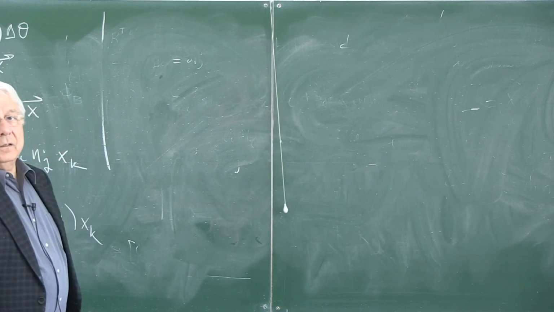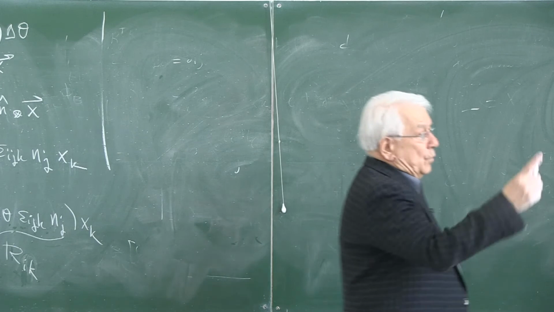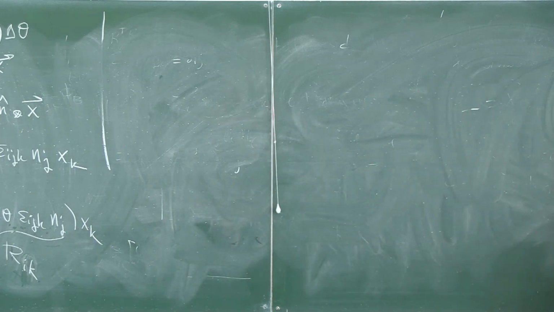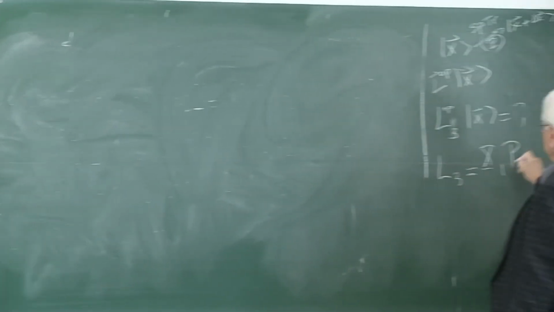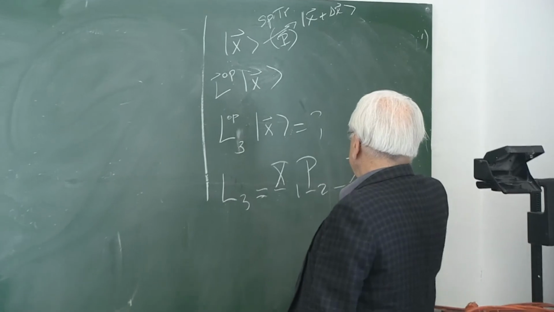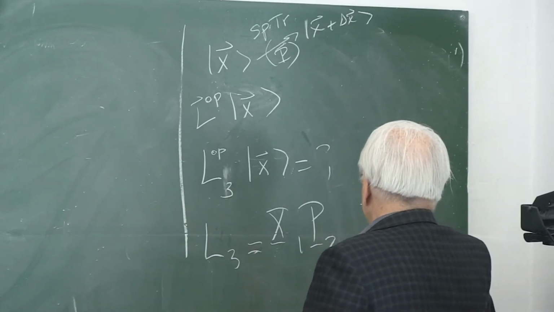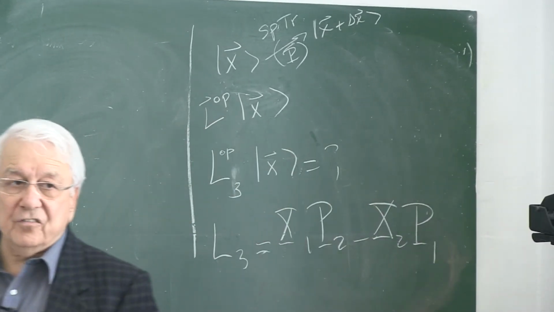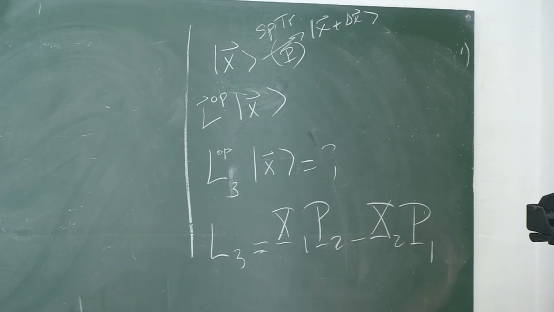Now, what is LZ? 1, 2, 3, or L3. L3 is X1 P2 minus X2 P1. Sorry for this cumbersome notation. I'm trying to emphasize that these are operators. Okay. Now, what do I need?